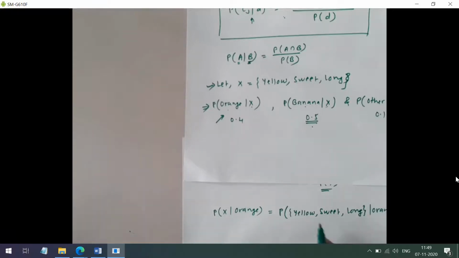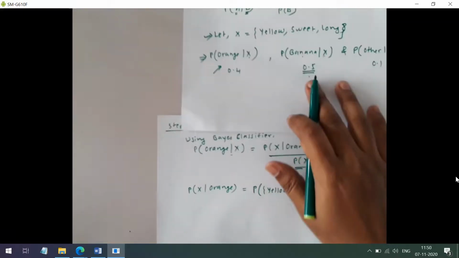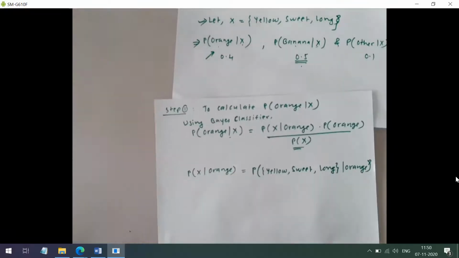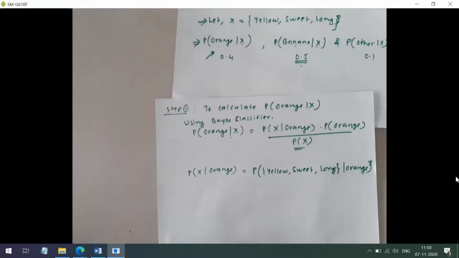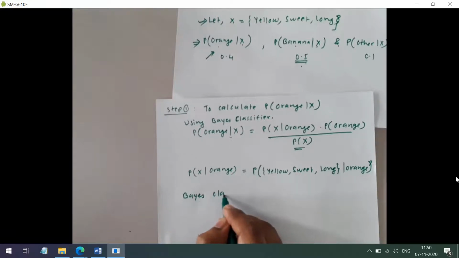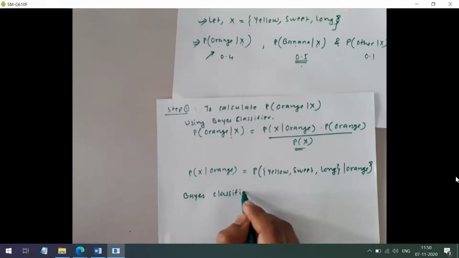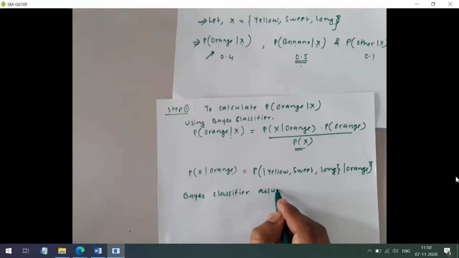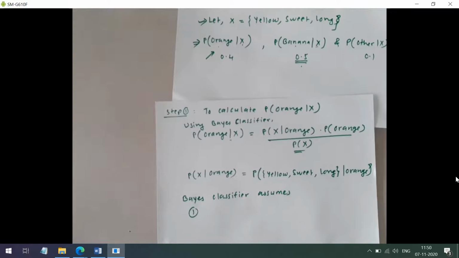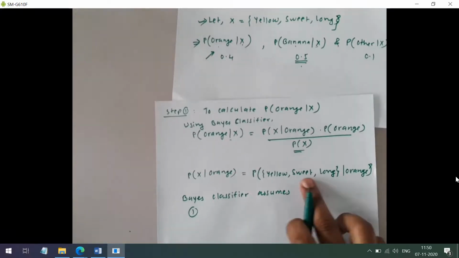Now how to find this term? For that we are going to use the assumption used by the Bayesian classifier. So Bayes classifier assumes, okay, there are two assumptions made by the Bayesian classifier that we have to use to calculate this term.